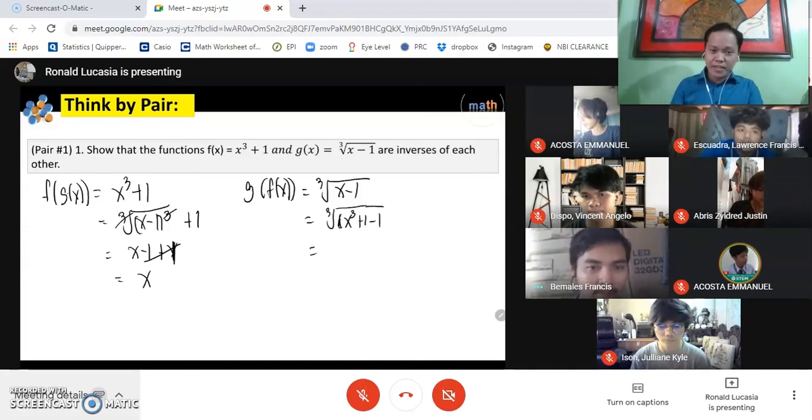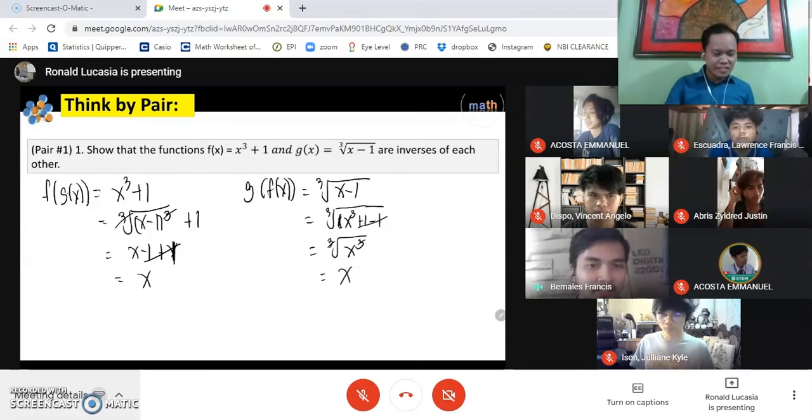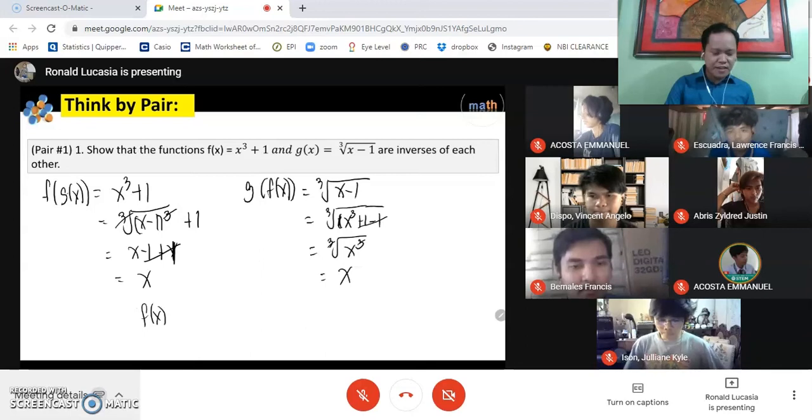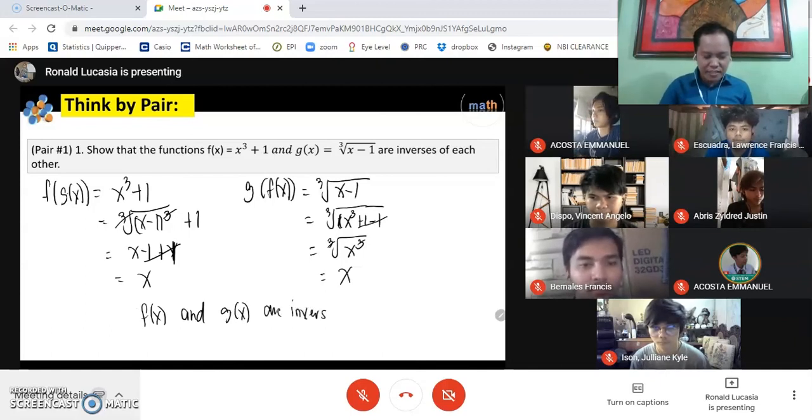So, the cube root of x cubed, the 1 and -1 will be cancelled. That's good. Therefore, g of f of x will be equal to x. Very good. And that shows the functions f of x and g of x are inverses.